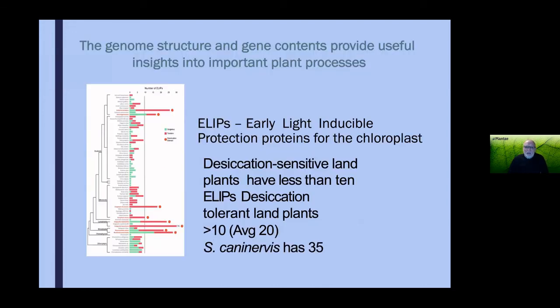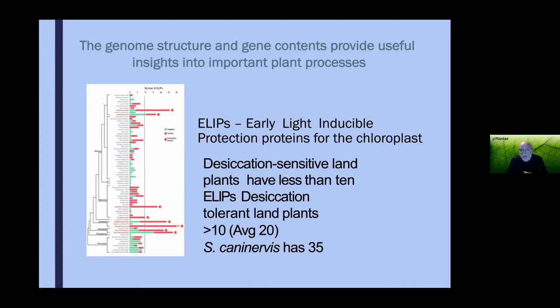But the genome structure and gene contents also provide useful insights into different processes. This is taken from a colleague of mine who works on desiccation tolerant angiosperms. These ELIPs, which are early light inducible proteins, protection proteins, bind to the photosensors of the photosynthetic machinery and protect it from all sorts of things.